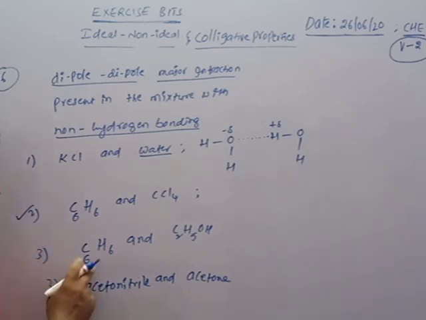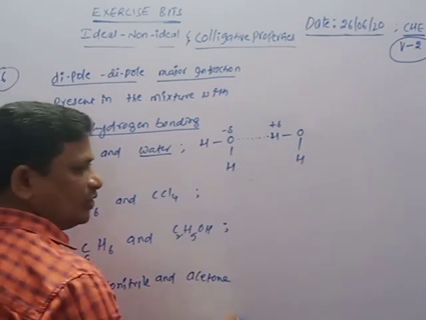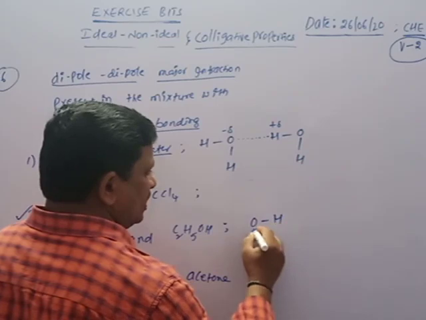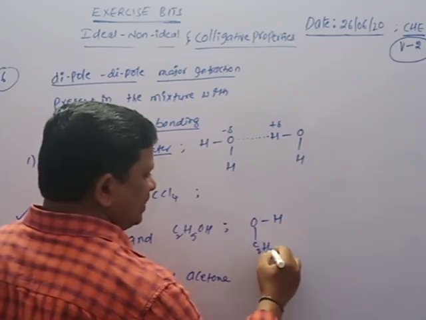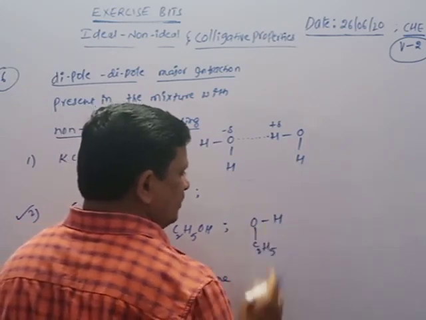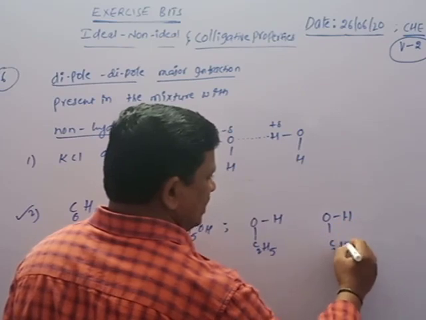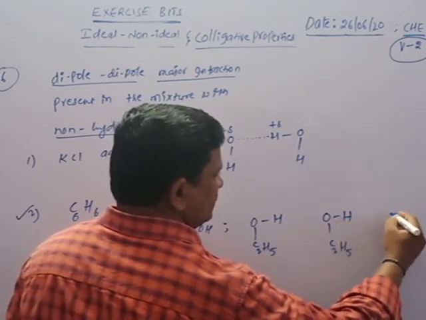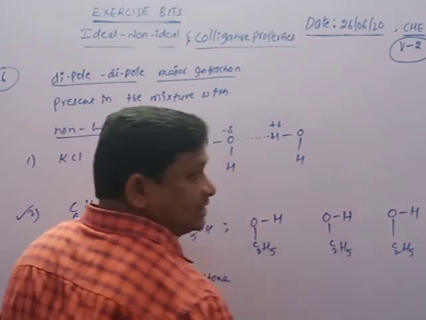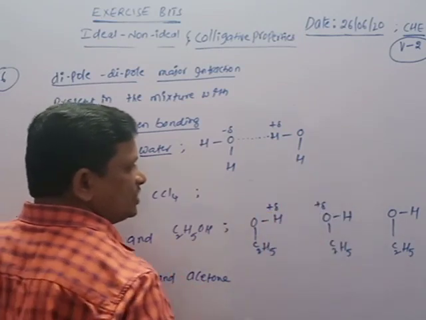Next, the third option is benzene and ethanol. Ethanol has hydrogen bonding, that is intermolecular hydrogen bonding. C2H5OH, another molecule is also C2H5OH. Hydrogen has partially positive charge, oxygen has partially negative charge.